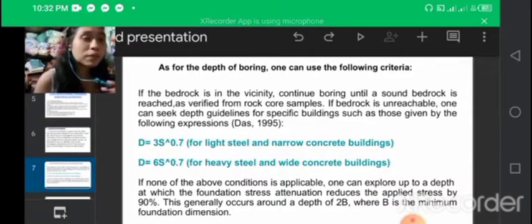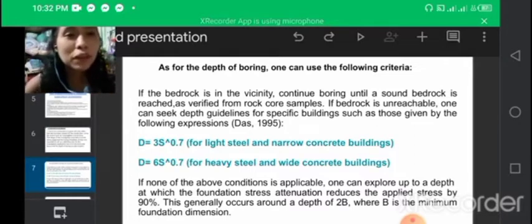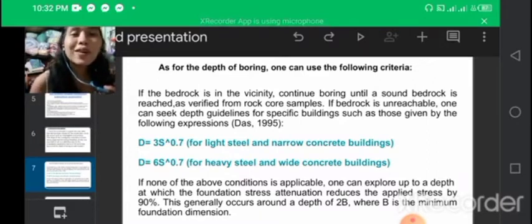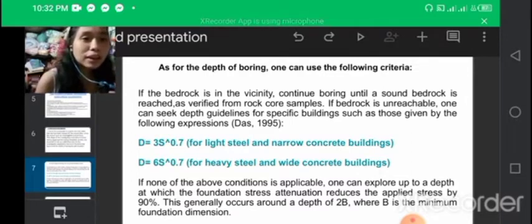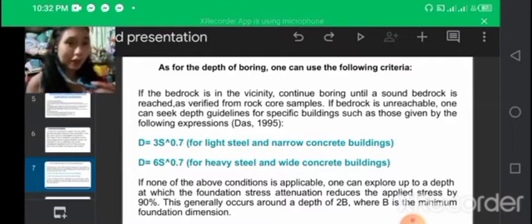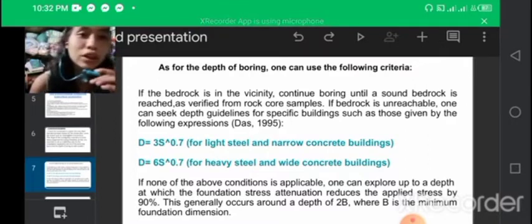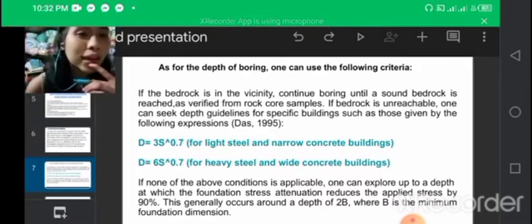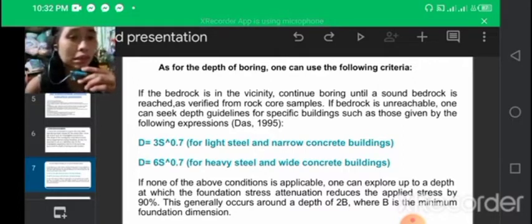As for depth of boring, one can use the following criteria. If the bedrock is in the vicinity, continue boring until a sound bedrock is reached, as verified from rock core samples. If bedrock is unreachable, one can seek depth guidelines for specific buildings such as those given by the following expressions. The first one is for light steel and narrow concrete buildings.